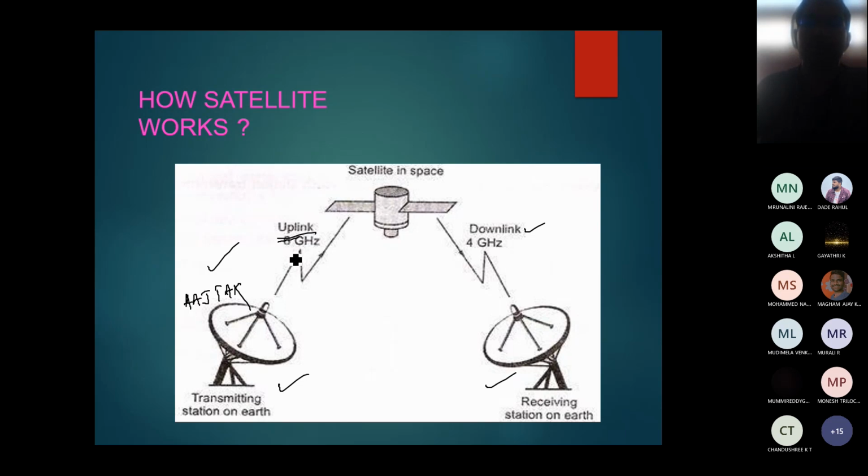In the uplink, we are using a frequency which is mostly around 6 gigahertz, whereas in the downlink we are using a frequency of about 4 gigahertz. Generally there is a convention that the uplink frequency is much higher than the downlink frequency.